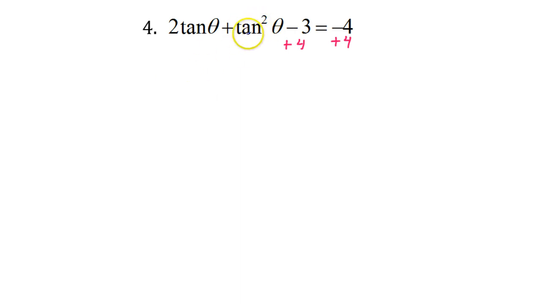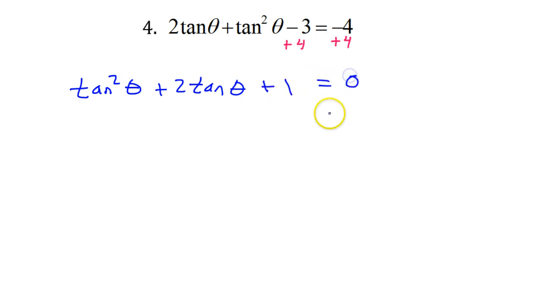So I'm going to put the tangent squared first. So that's going to give me tangent squared theta, and then I'll put the plus 2 tangent theta. I just switched the order. And then negative 3 plus 4 is 1, so I'll put plus 1 is equal to 0.